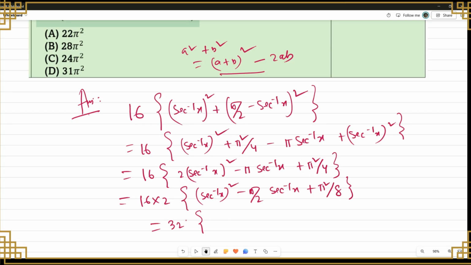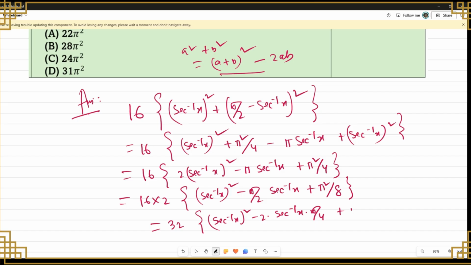So 32 sec inverse x square minus 2 sec inverse x pi by 4, minus pi square by 16.